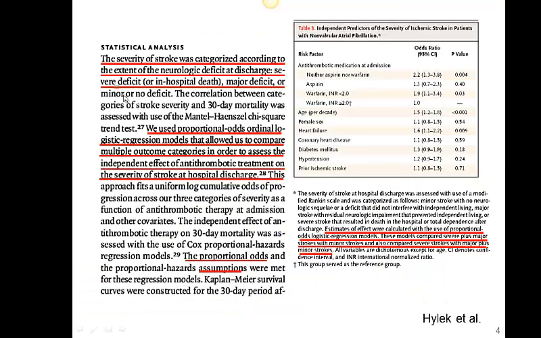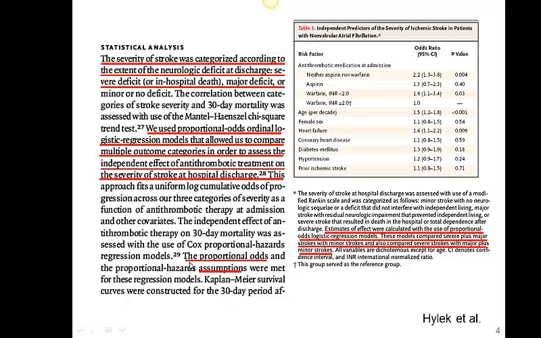Let's read what they say in the statistics section. We used proportional odds, ordinal logistic regression models that allowed us to compare multiple outcome categories in order to assess the independent effect of antithrombotic treatment on the severity of stroke at hospital discharge. Okay?